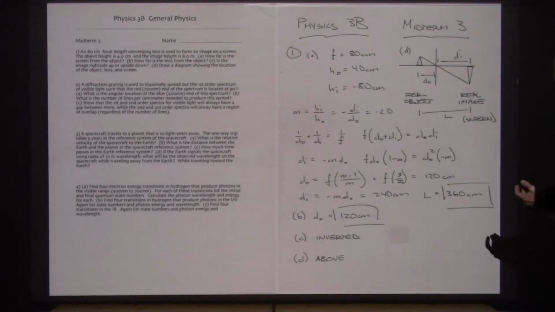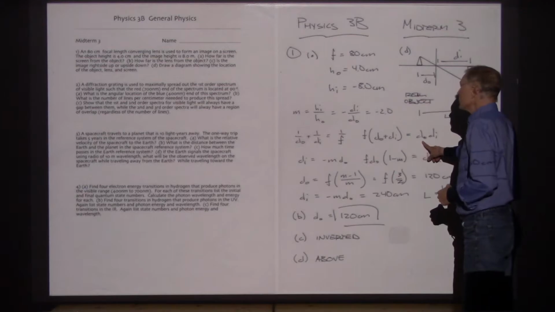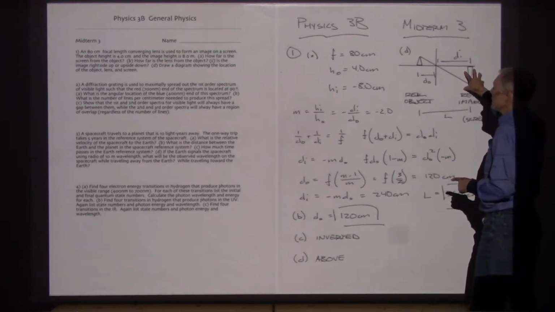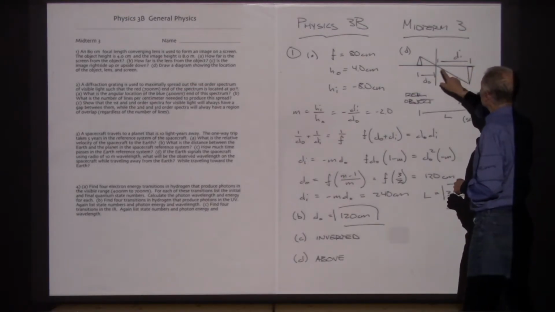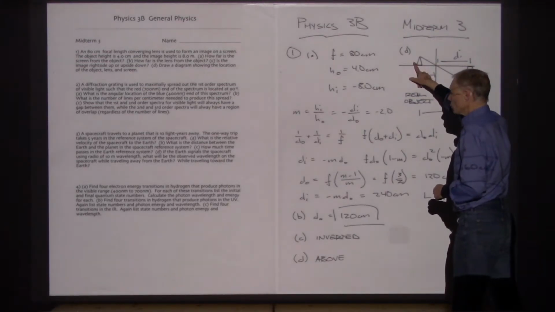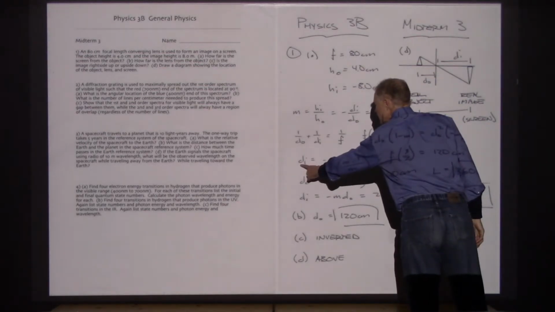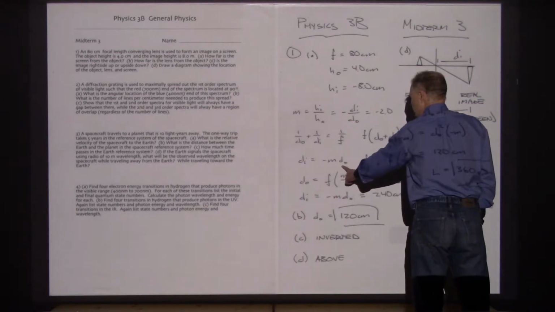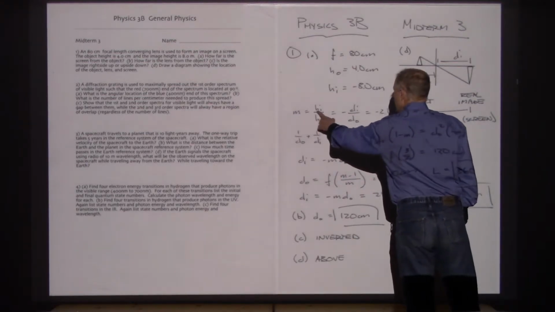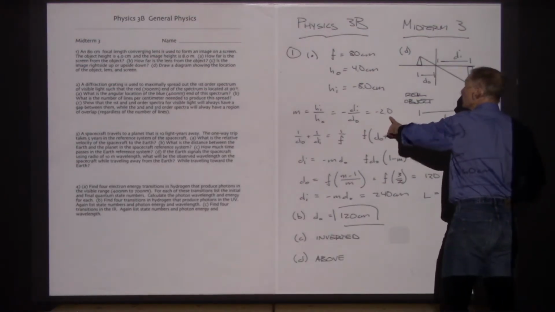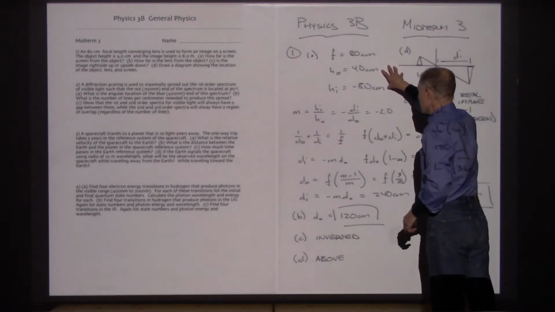All right. Now from here what we need to do is say that, again using my diagram to think about this, the ratio of DI to DO is going to match the ratio of HI to HO. So I can write DI is equal to minus the magnification times DO. Now the magnification here, HI over HO, is going to be minus 2. That comes from this expression right here.